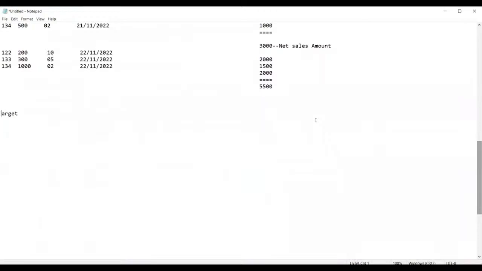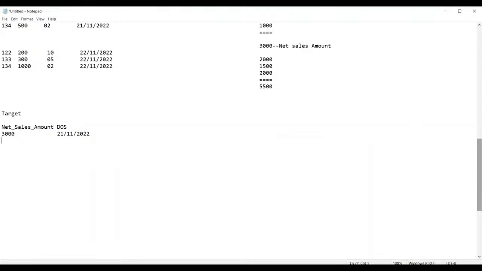Net sales amount is 3000, and for date of sales I'm using 21/11/2022.